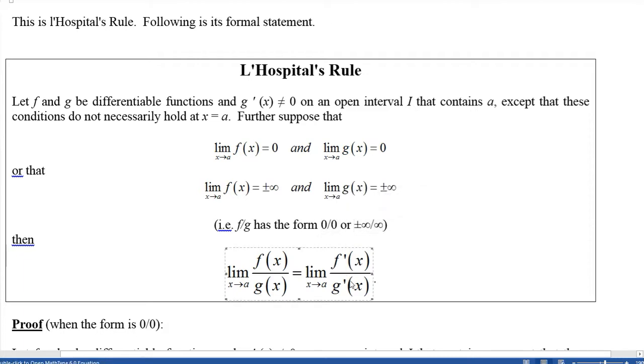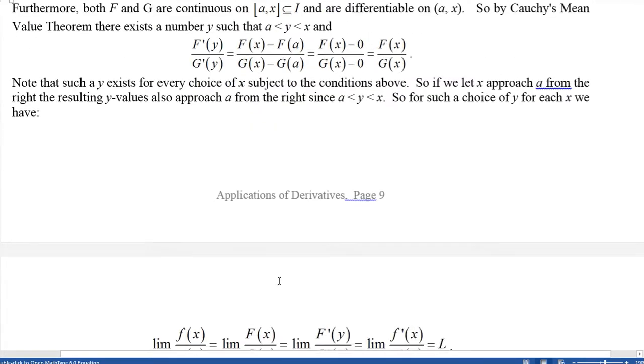If this limit on the right exists, then the limit on the left exists, and it's that same number. But even if the limit on the right does not exist, but say it approaches positive infinity, then the limit on the left also approaches positive infinity. And likewise, if the limit on the right approaches negative infinity, then the one on the left approaches negative infinity. I didn't prove all those cases, but it actually does work out as well.